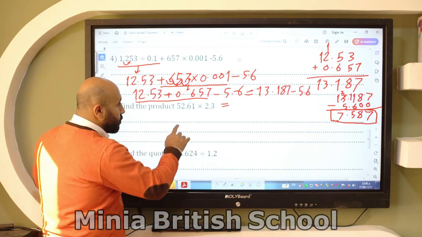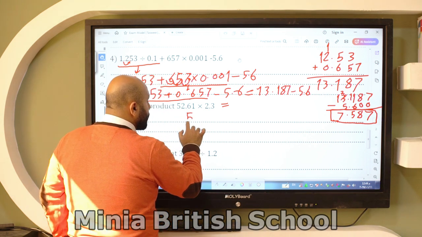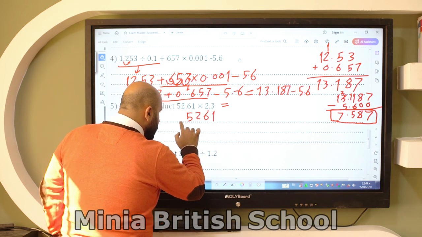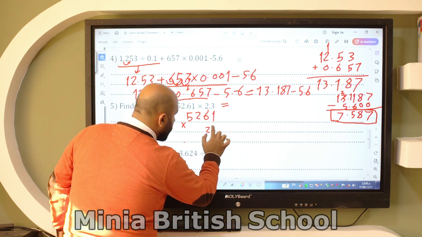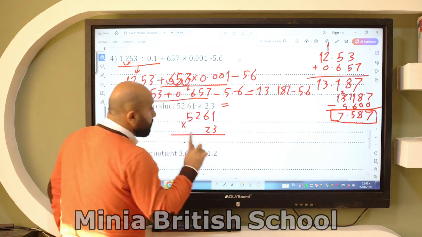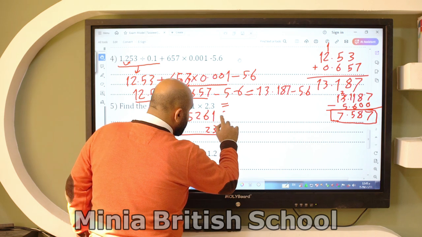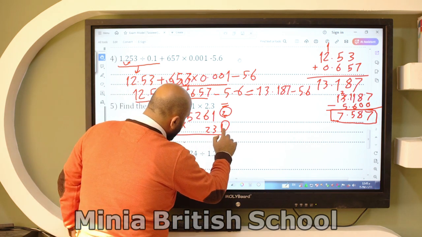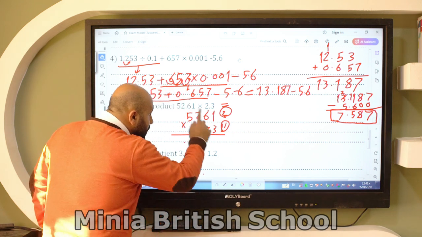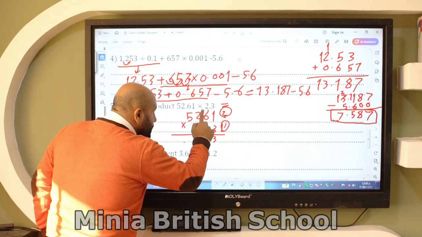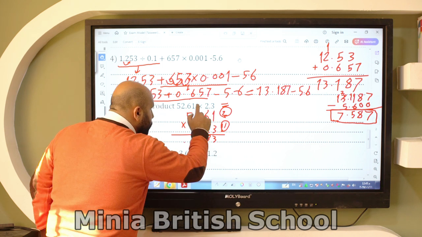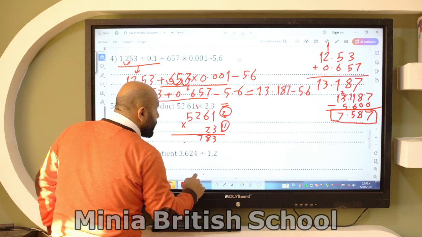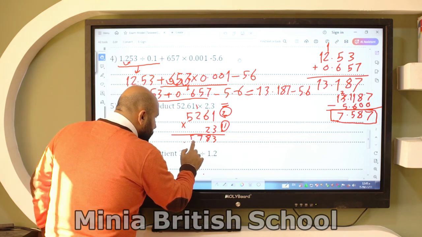Okay, let's find the product. In this case of product, without the decimal point, 5,261 times 23, and let's multiply. But don't forget the decimal point after 2 steps, and here is after 1 step. 3 times 1 equals 3. 3 times 6 equals 18. 8, carry up 1. 3 times 2 equals 6 plus 1 equals 7. 3 times 5 equals 15.